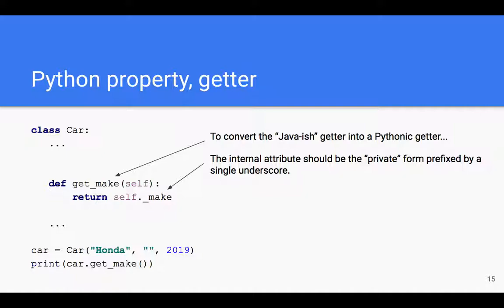So the first thing when we want to convert these Java-ish setters and getters into Pythonic getters and setters, well, we'll start with getters. Okay, so the first thing is, like we learned earlier in a separate video, that we can make these attributes private by prefixing them with an underscore.